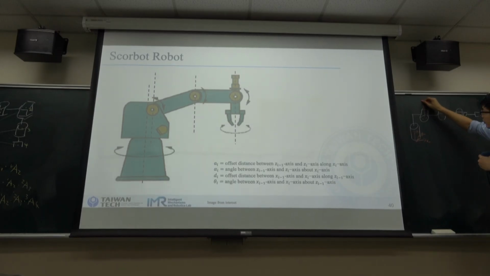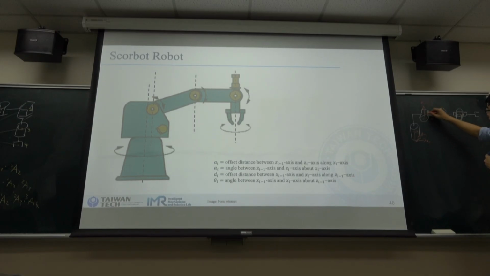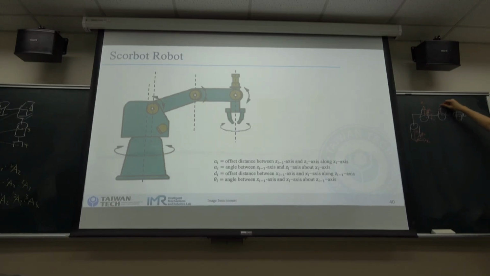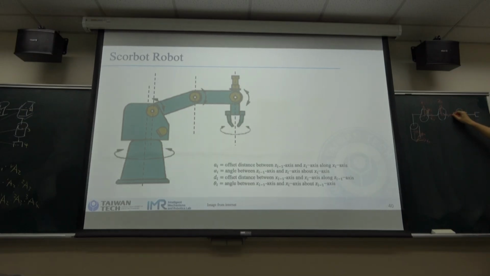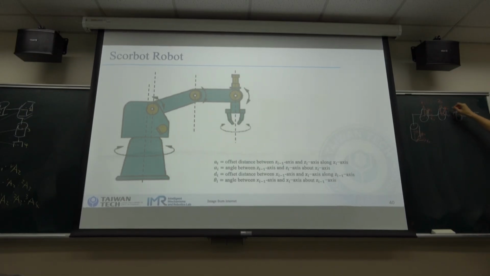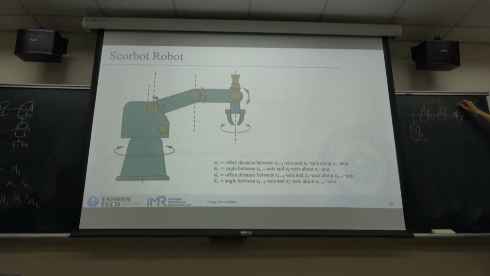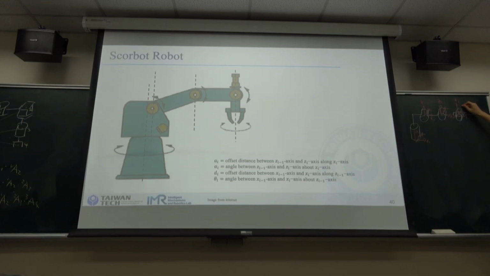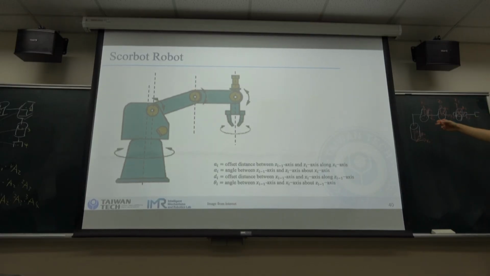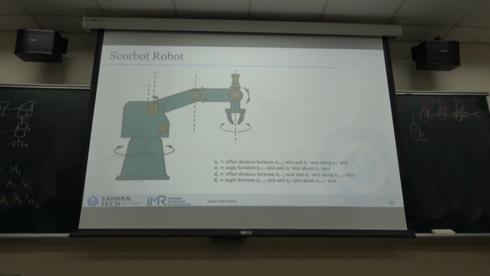Then we can follow with Z1, X1, and Y1. So it's the same. Z2, X2, and Y2. And Z3, X3, and Y3. Because it's all the same, we can just duplicate the frames.